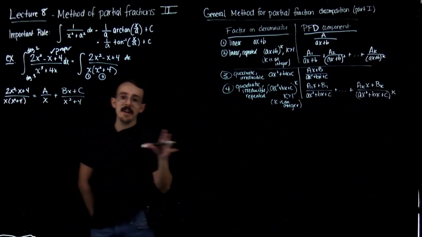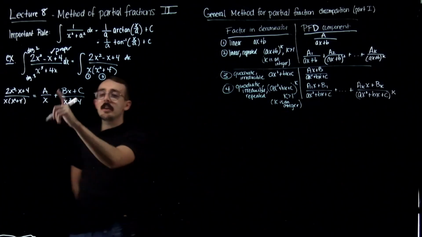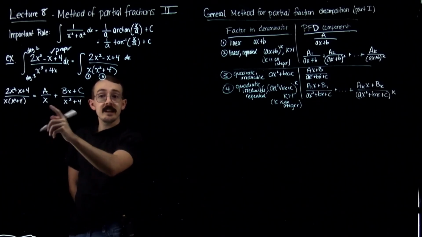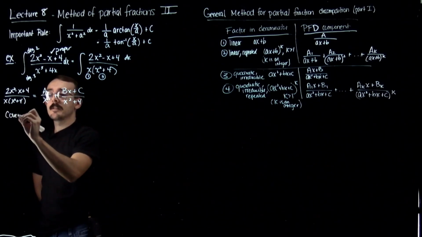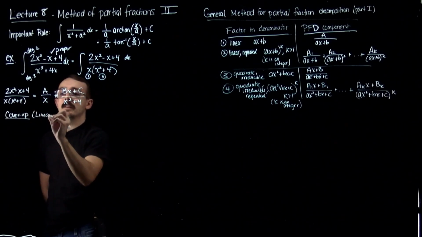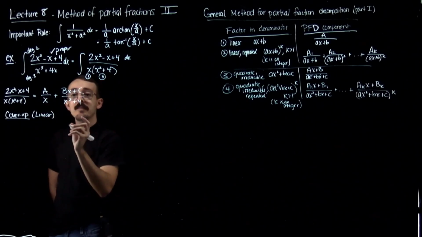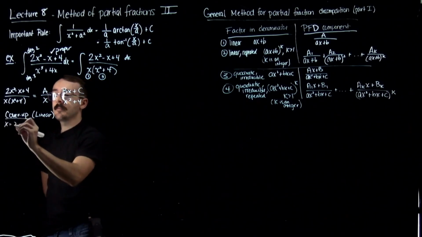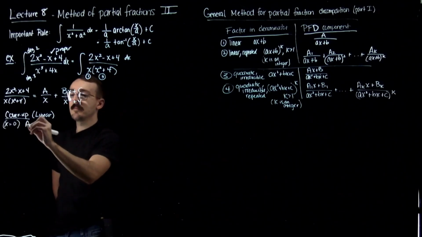Now I'm going to use a combination of methods that I've talked about in the previous video. You can use the cover-up method for linear factors. For the cover-up method, remember you can only do this on the linear factors, and they have to be the highest power. I should be able to find A. So x equals 0 is what makes the denominator 0.